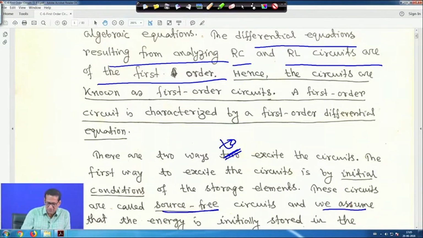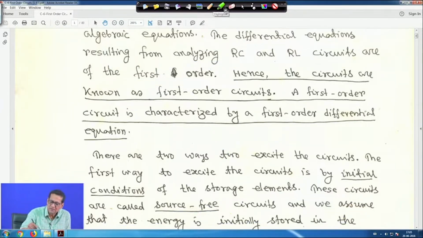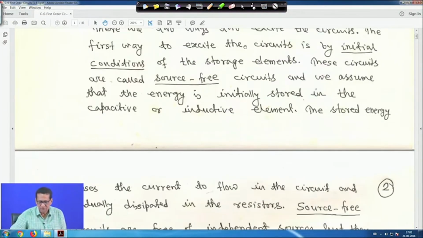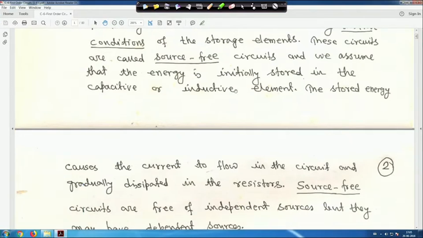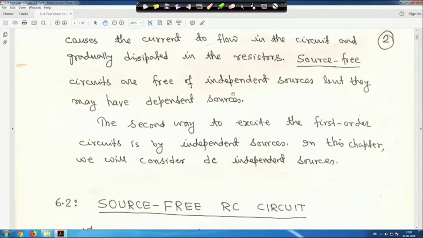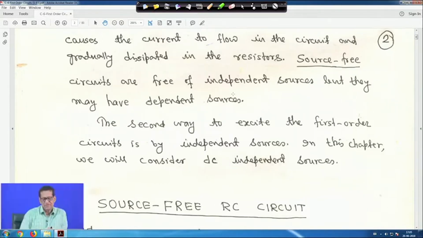In that case we assume that energy is initially stored in the capacitor or inductive element. The stored energy causes current to flow in the circuit and is gradually dissipated in the resistor. Source free circuits are free of independent sources, but they may have dependent sources.